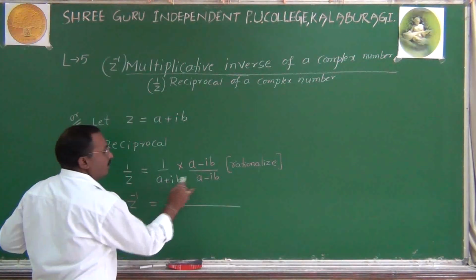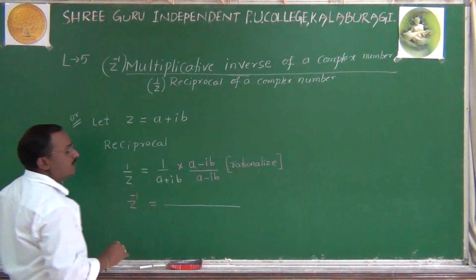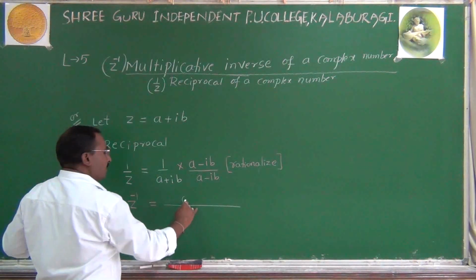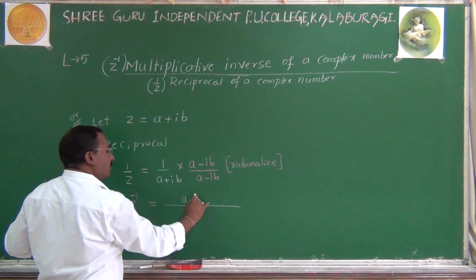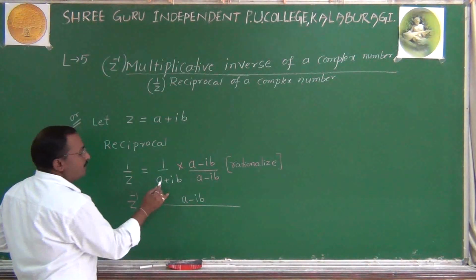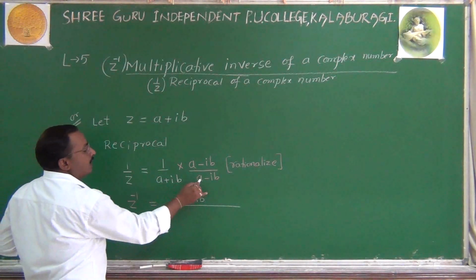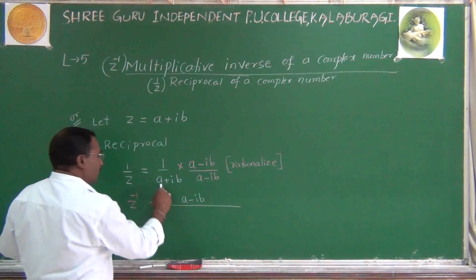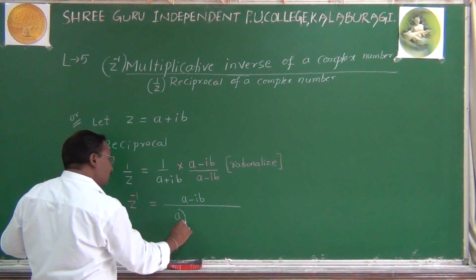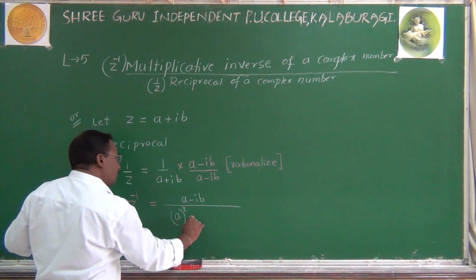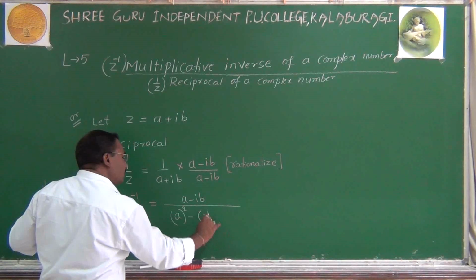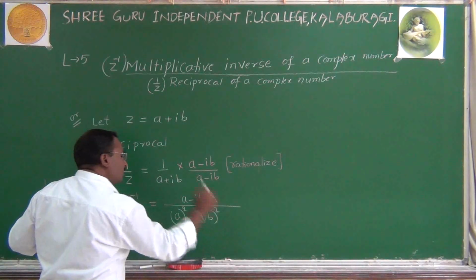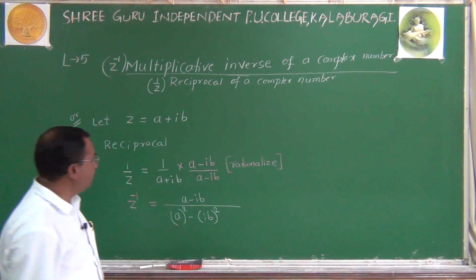Denominator times denominator, numerator times numerator. Numerator: a minus ib. Denominator: a plus ib times a minus ib. Formula is what? a square minus b square. So a square minus ib square.